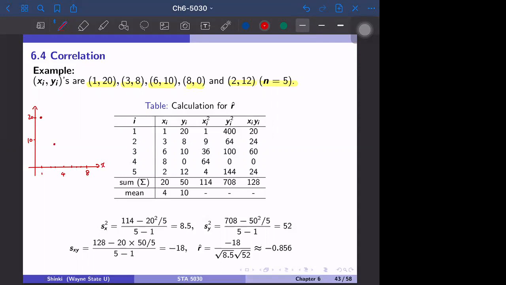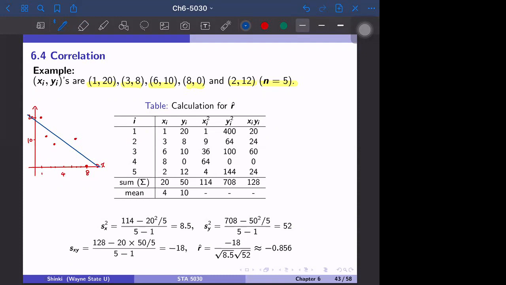Overall, we should have some line with negative slope. So we expect the correlation coefficient is probably negative 0.8 or something.